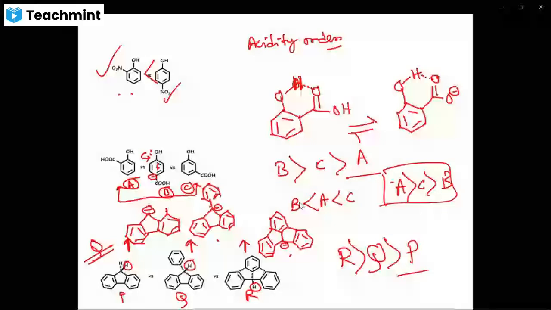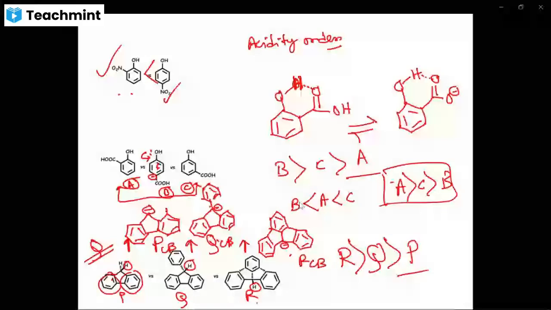Rather, you have to compare R and its conjugate base, let's say RCB, Q and its conjugate base QCB, and P and its conjugate base PCB. Now, in case of P, these two rings are already in conjugation with one another, because the molecule is planar.